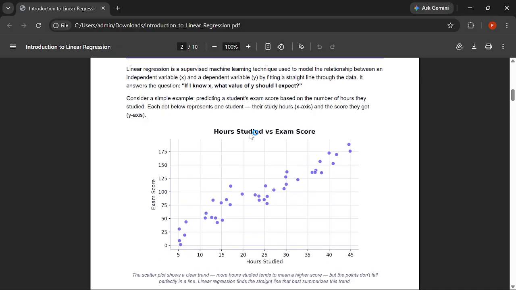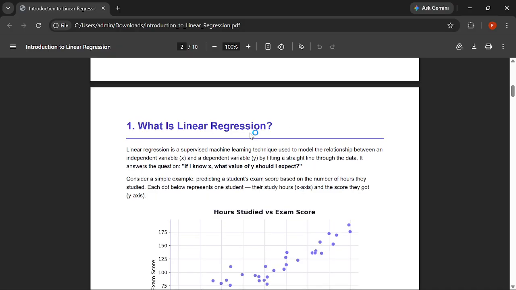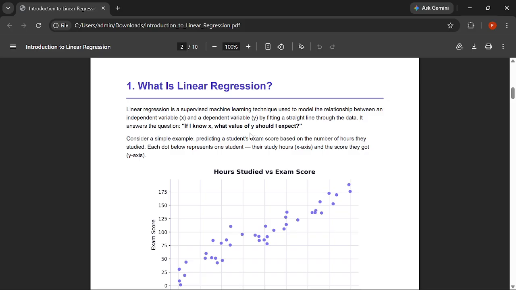The first feature is the independent variable, and the second is the dependent variable. The independent variable is also called the input variable, and the dependent variable is also called the target variable, which we have to predict.